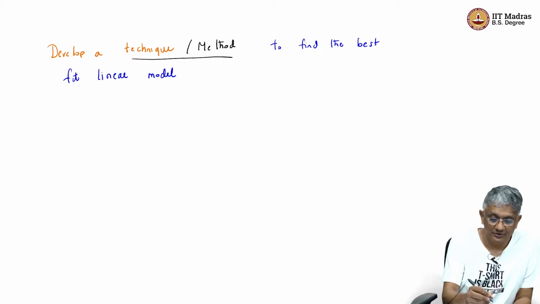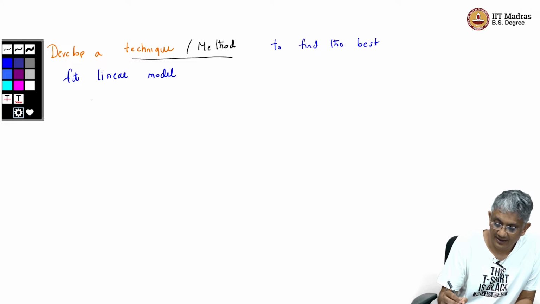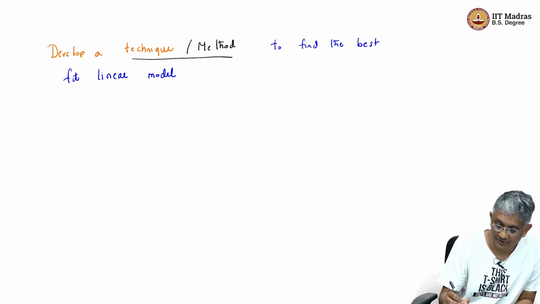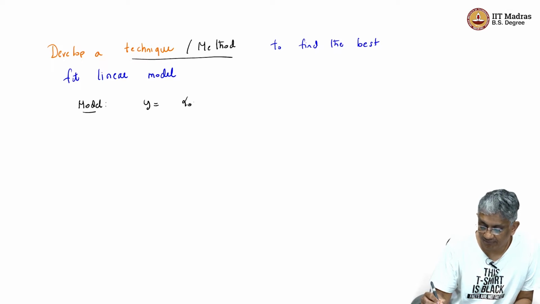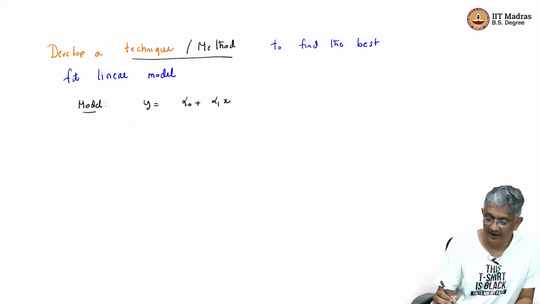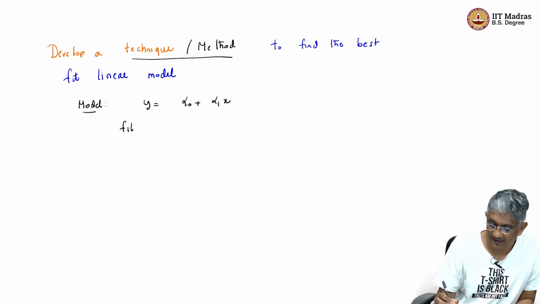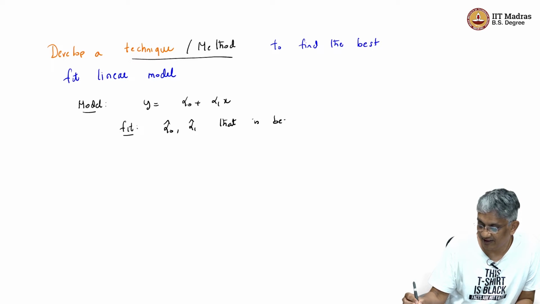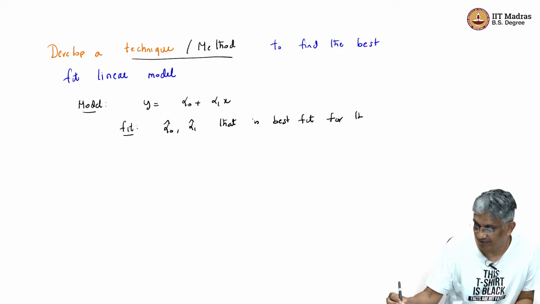So the idea is the same thing. I have y equal to, so this is the model, y equals alpha naught plus alpha 1 x, and then given the data, I want to find alpha naught hat and alpha 1 hat that is the best fit for the data.